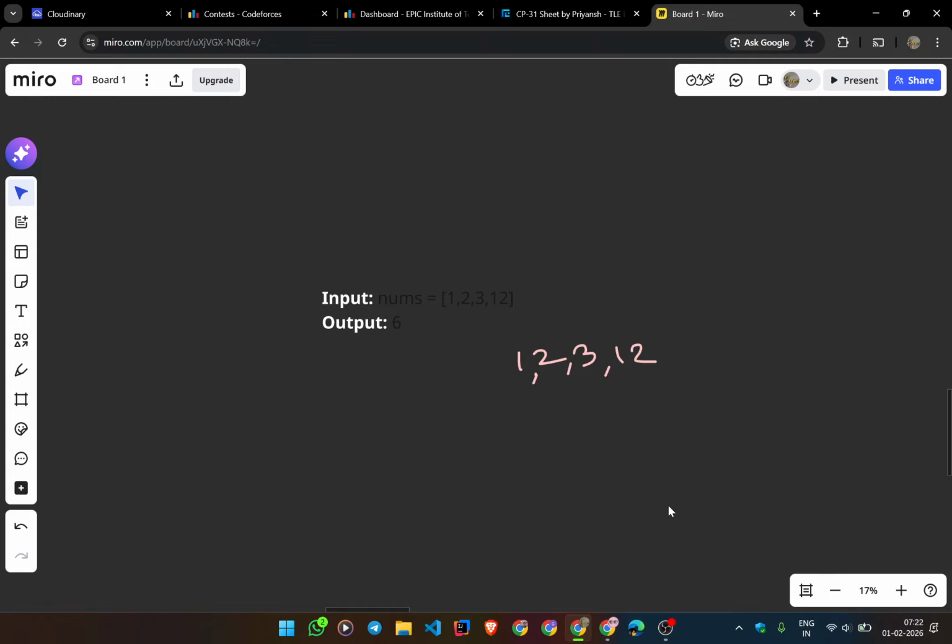For the first subarray, our cost will be its first element.